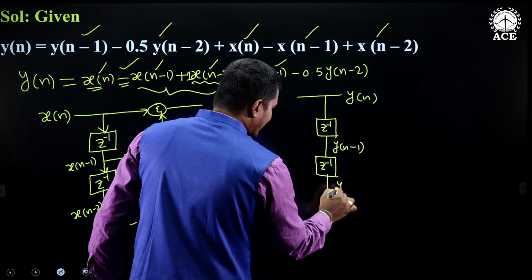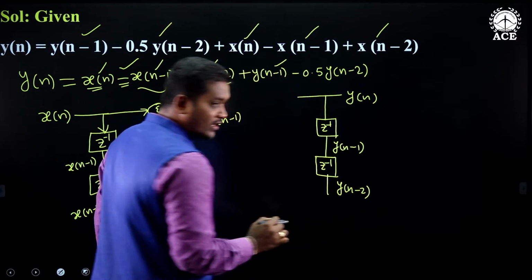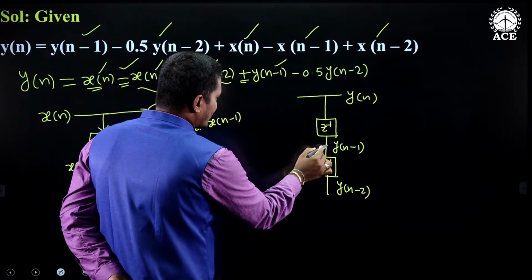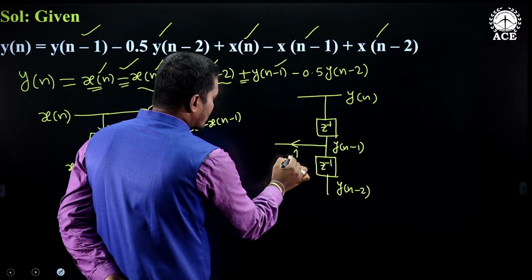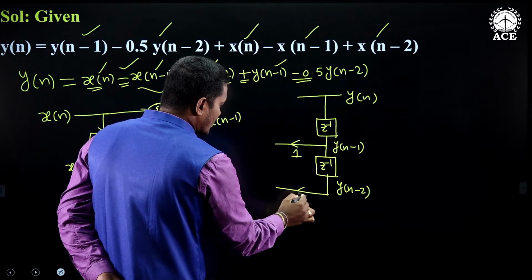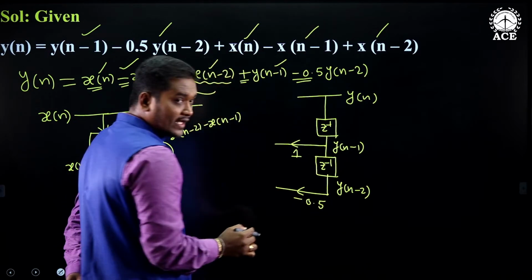The output of this is y of n minus 2. Understood? What is the multiplication factor of y of n minus 1? Plus 1. What is the multiplication factor of y of n minus 2? Minus 0.5.